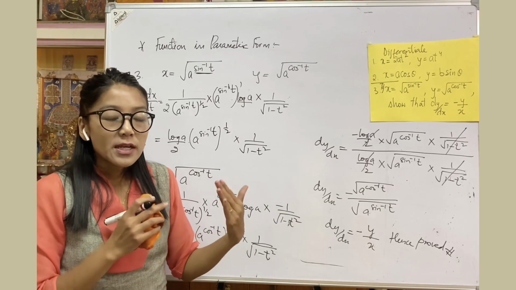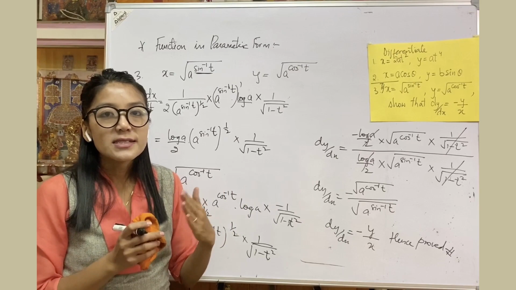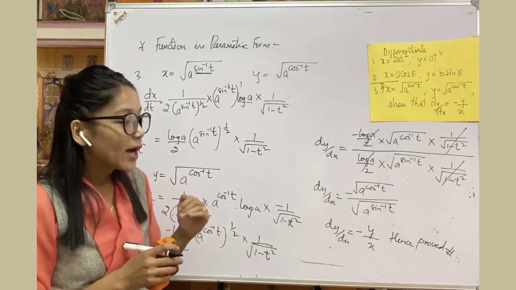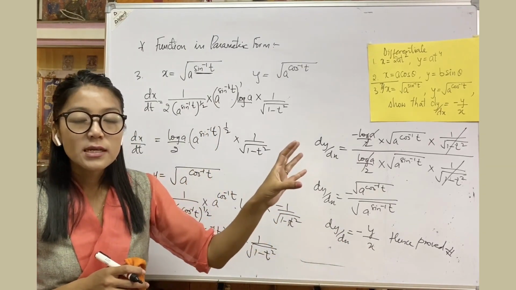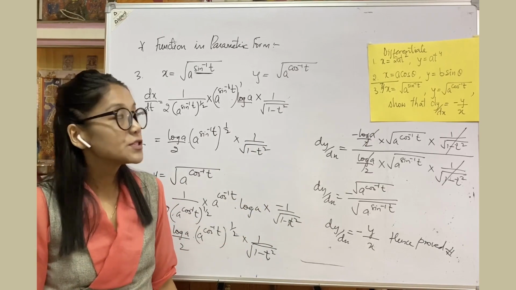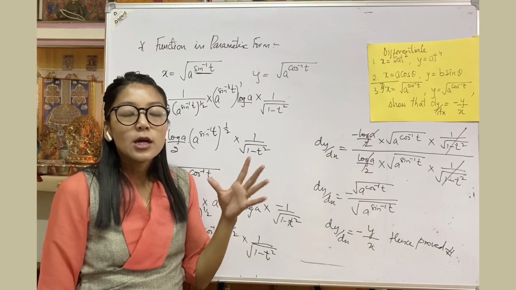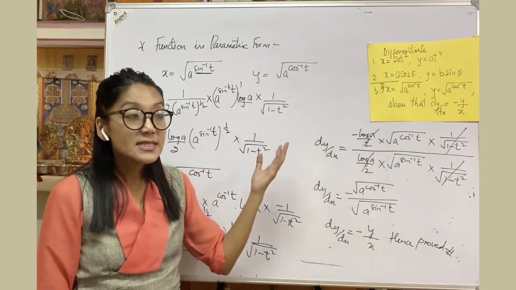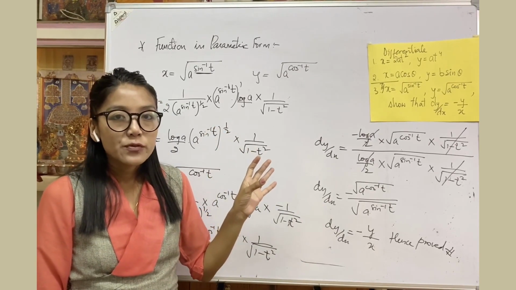To find the derivative, you separately differentiate x and y with respect to that third variable, and at the end you find dy by dx, which is dy by dt upon dx by dt. So this is how you differentiate a parametric function. This is a small topic, and here you were introduced to a new function, the function in parametric form, and we saw how to differentiate it.